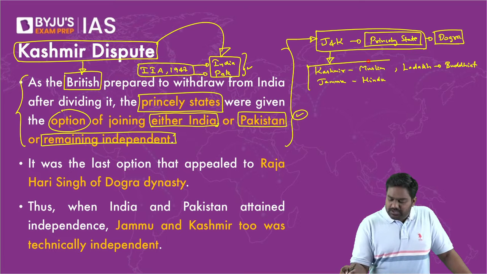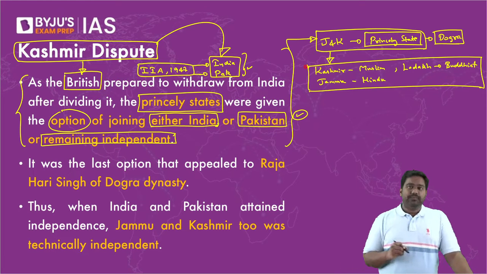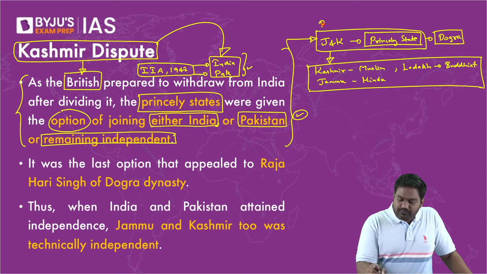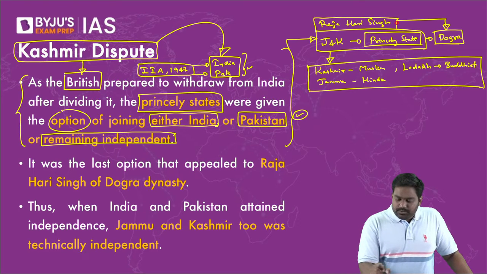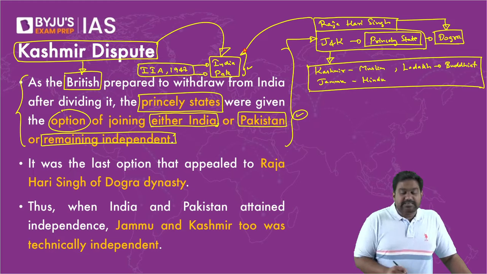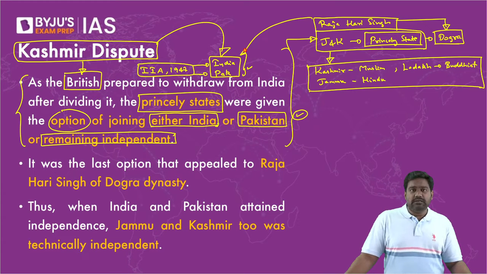Now that's a very unique demography, right? So Raja Hari Singh was the monarch of J&K from the Dogra clan. Raja Hari Singh evaluated his options. He realized that his interests and the interests of his subjects would not be served by joining Pakistan, and he also was hesitant to join India.